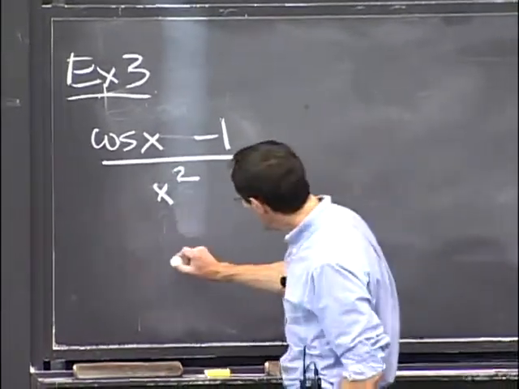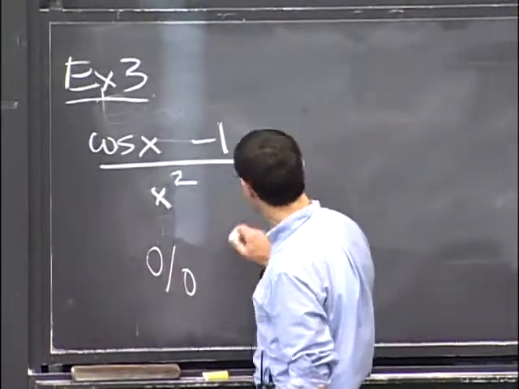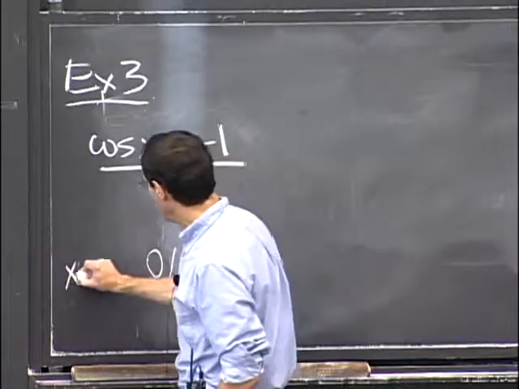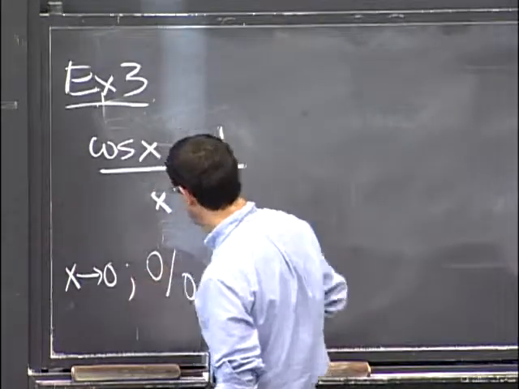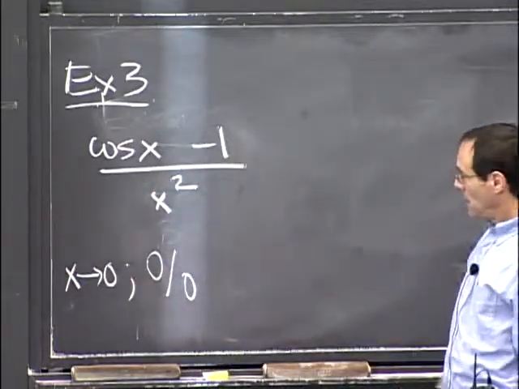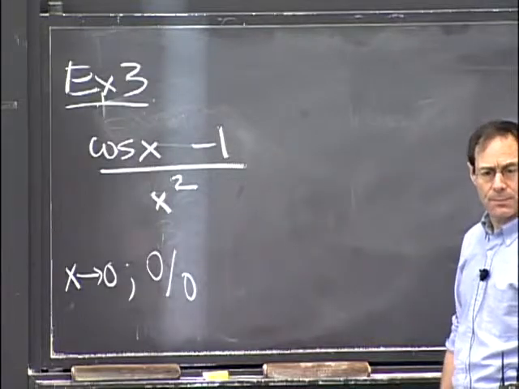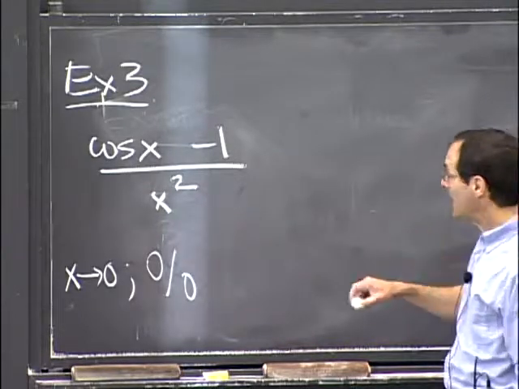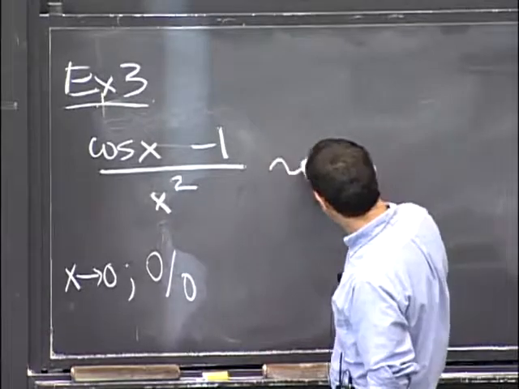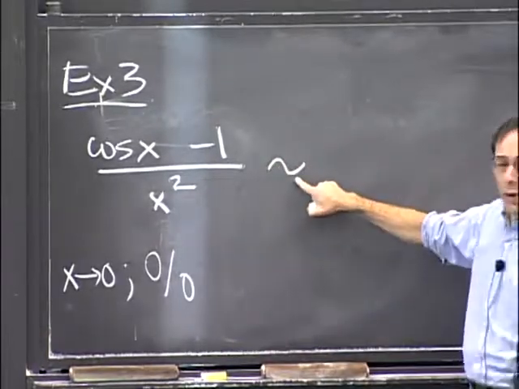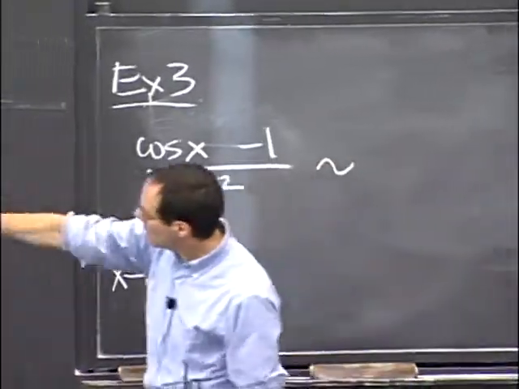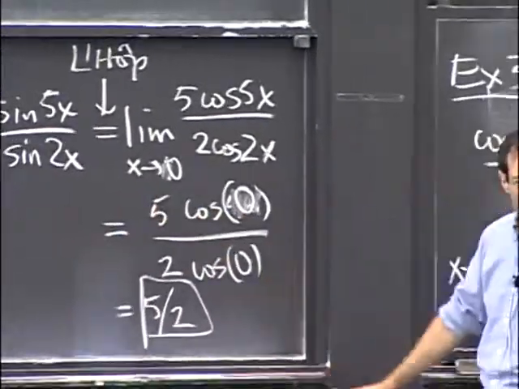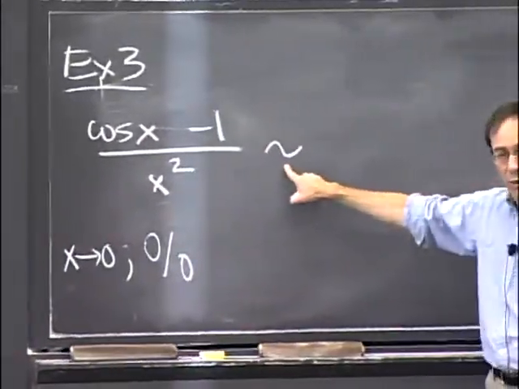And again, this is one of these 0 over 0 things near x equals 0. As x tends to 0, this goes to an indeterminate form here. Now, according to our method, this is equivalent to, and I'm going to use this little wiggle because I don't want to write limit a million times.